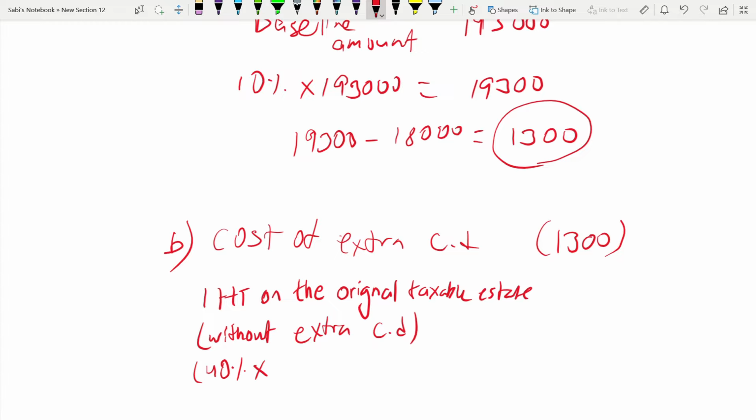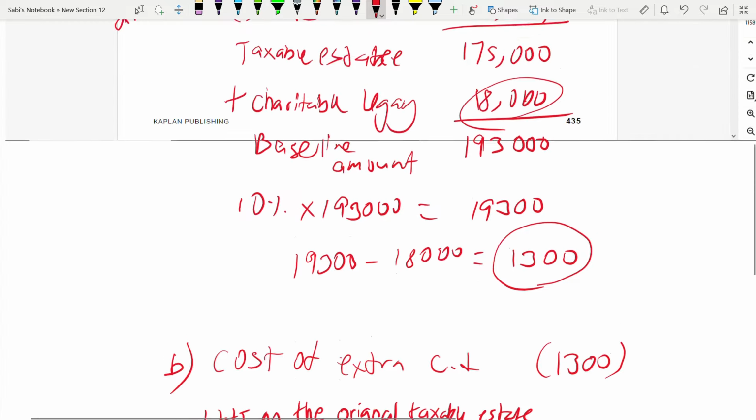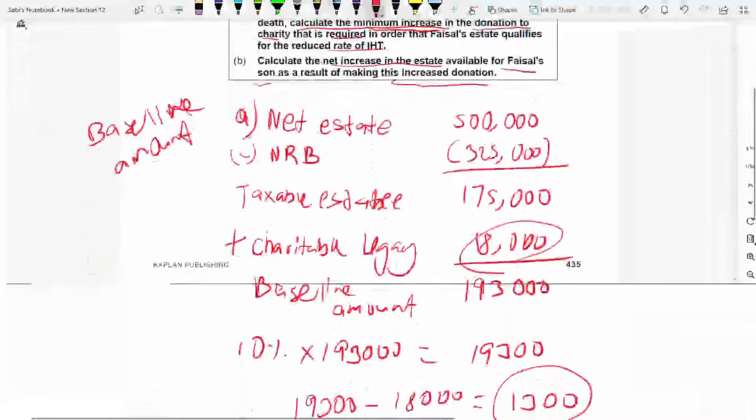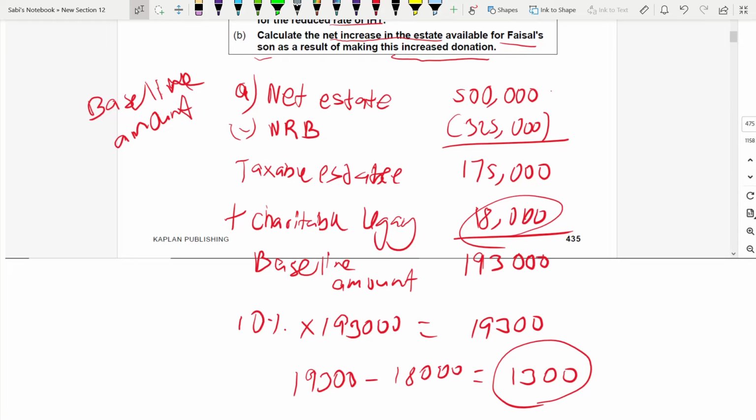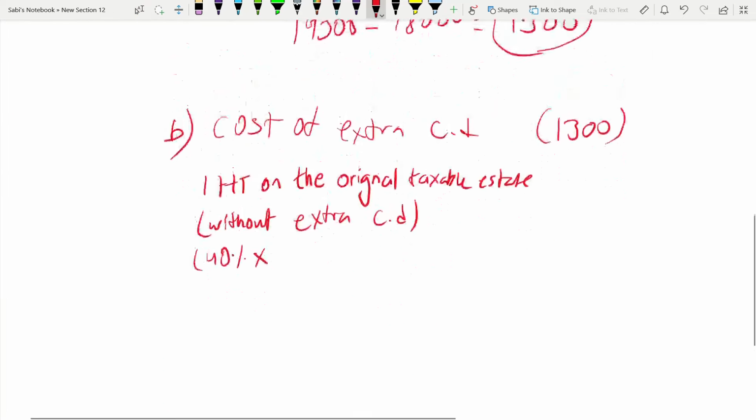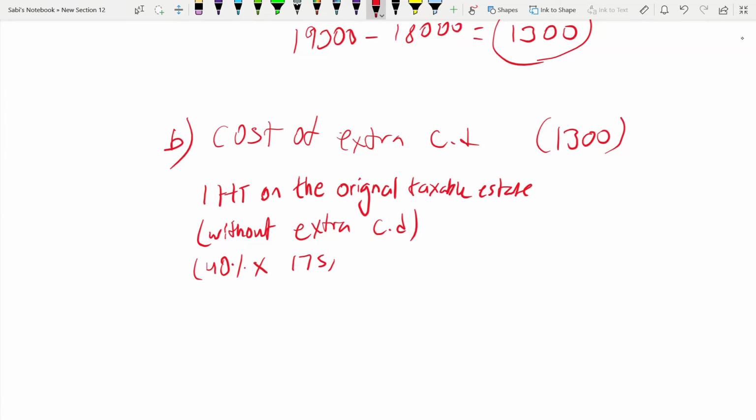Without this, IHT would be at 40%. On which amount? The taxable estate is 175,000. How much? 70,000. Okay. IHT on the revised taxable estate.